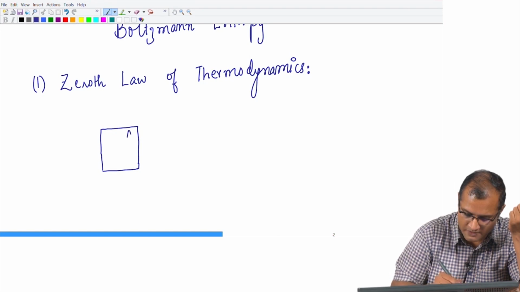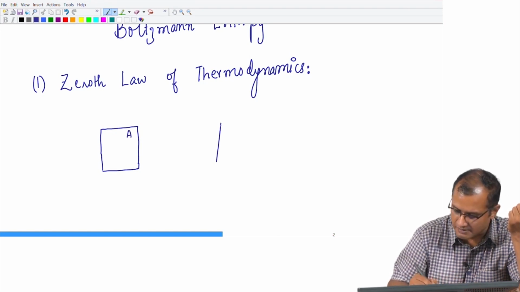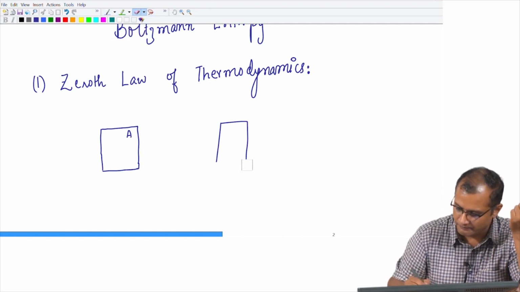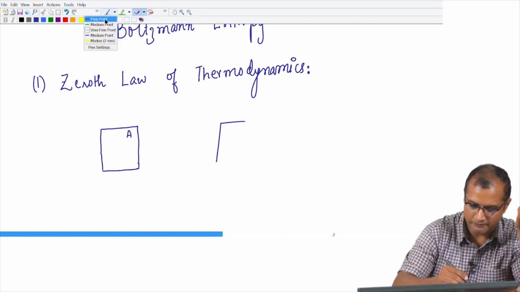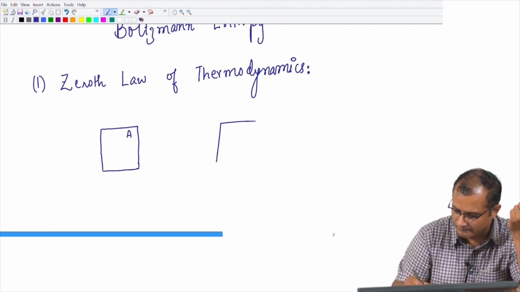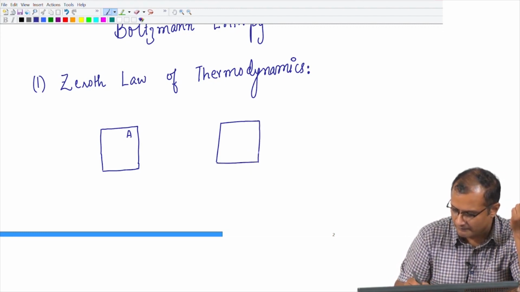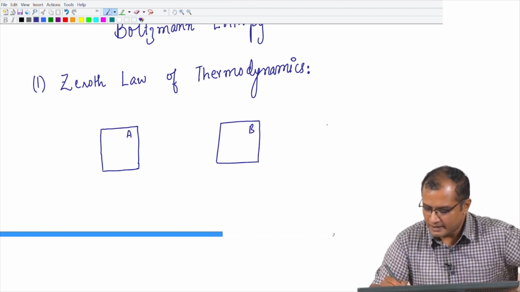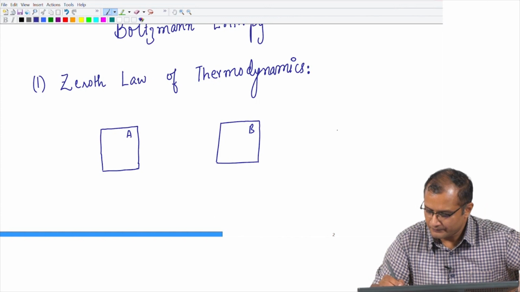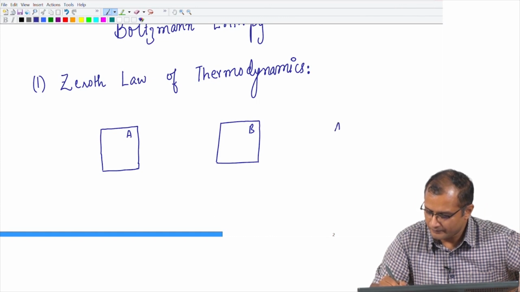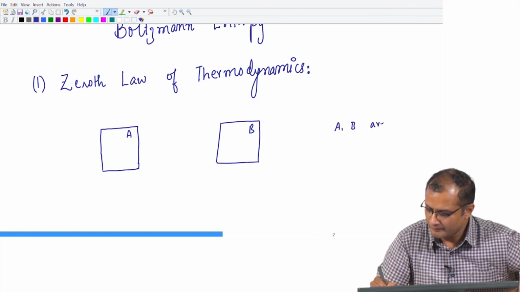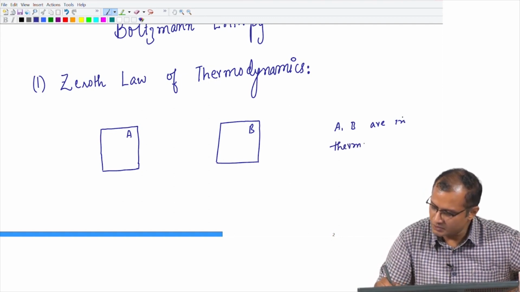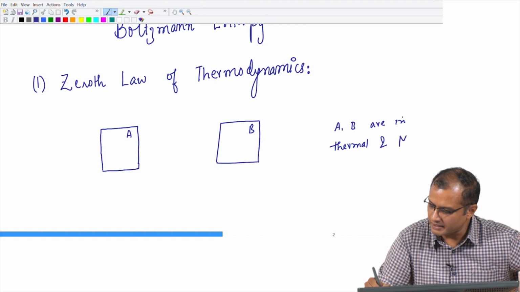Let us call the systems system A and system B. And let us say that they are at both thermal and mechanical equilibrium.